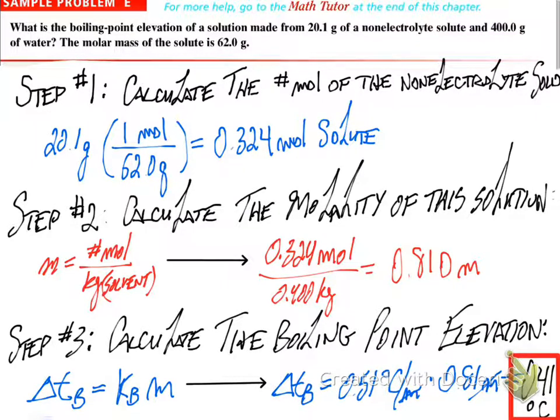Over here, this will be provided for you, but the boiling point constant is 0.51 degrees Celsius per molal. And again, when I do this math, my unit for molality cancels out. I'm left in the numerator with my unit for degrees Celsius. So this non-electrolyte added to this water solvent is going to raise the boiling point temperature by just shy of half a degree, 0.41 degrees Celsius.